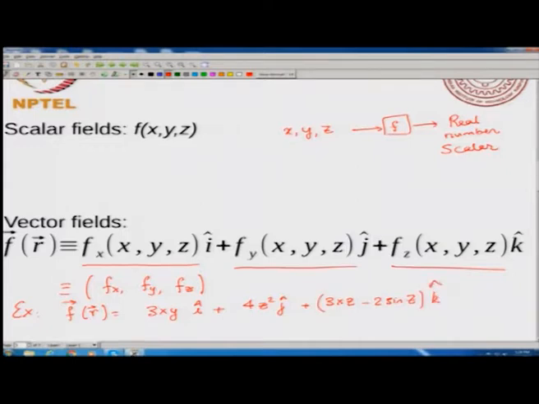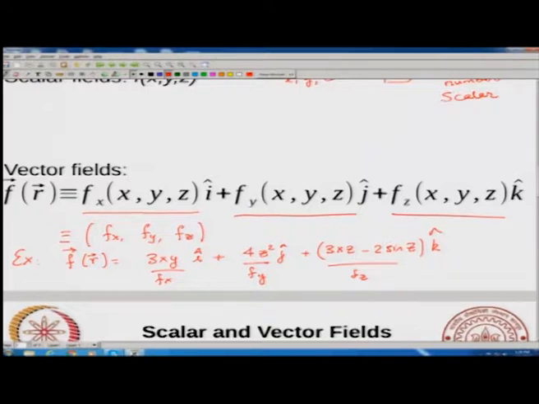So, this is my f x, this is my f y, and this is the f z. Okay. So, what we did here is we said that f x, f y, f z are all scalar fields. So actually f x itself is a scalar field, f y itself is a scalar field, f z itself is a scalar field, and these are components of the vector field f. Okay.